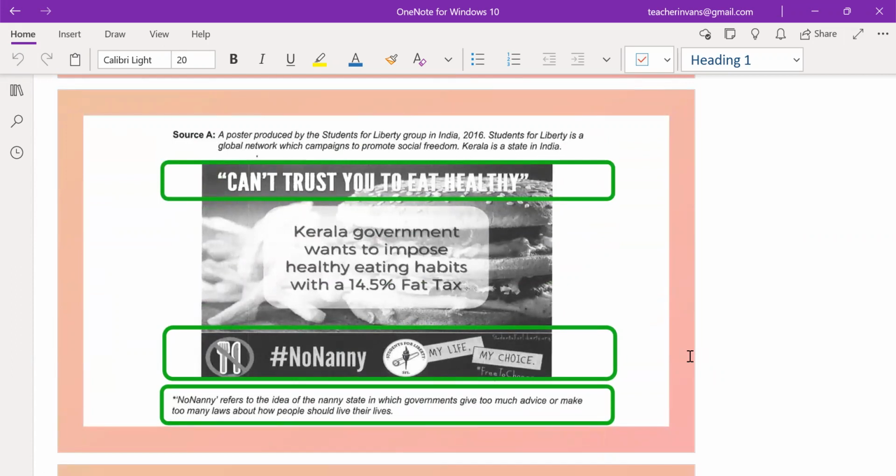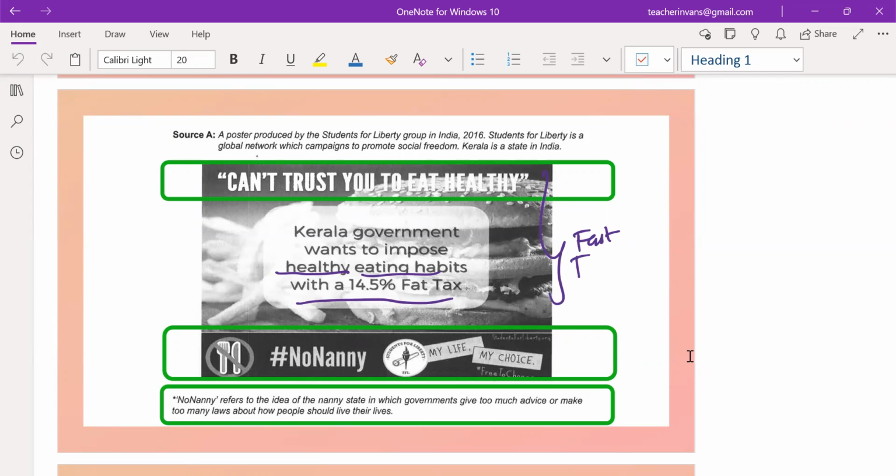If you look very carefully, it is interesting where they are talking about what is happening in India. The government is trying to impose healthy eating habits with a 14.5% fat tax. It is to prevent you from choosing food that is not very healthy.